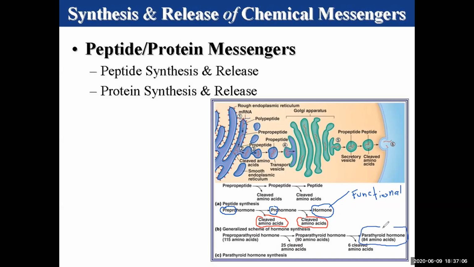The parathyroid hormone is a very important hormone involved in maintaining calcium homeostasis. Calcium is the divalent cation, Ca2+, right? And the parathyroid hormone is produced by the parathyroid gland. This gland is located posteriorly to the thyroid gland.